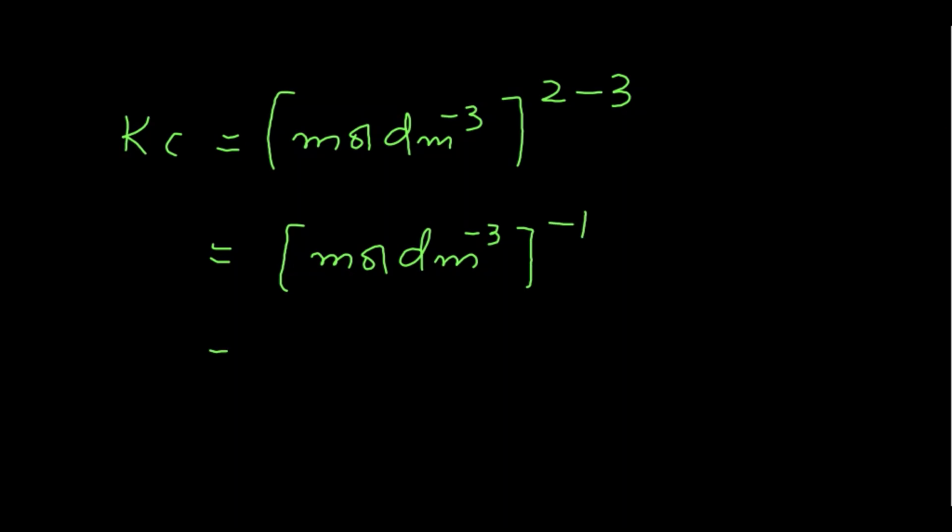We will multiply minus 1 with the concentration units, that is we will have mole minus 1 dm cube. So what is the unit of Kc for this reaction? Kc is equal to mole minus 1 dm cube. I hope the unit of Kc is clear to you, students.